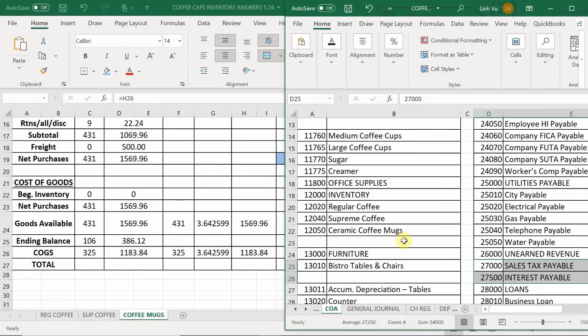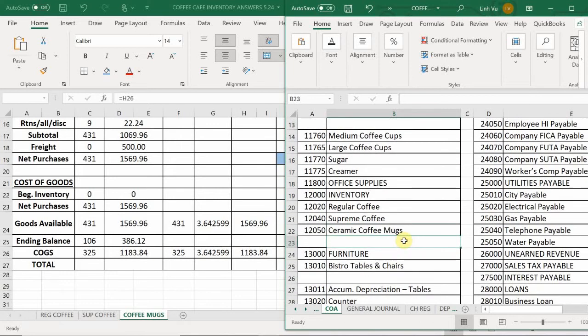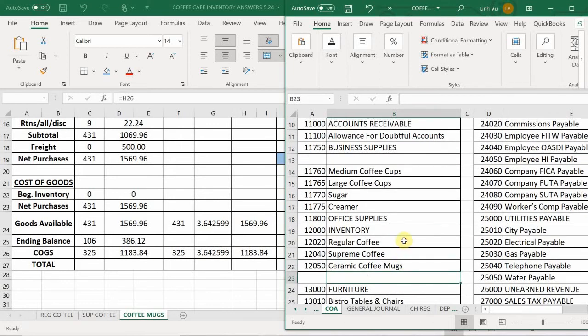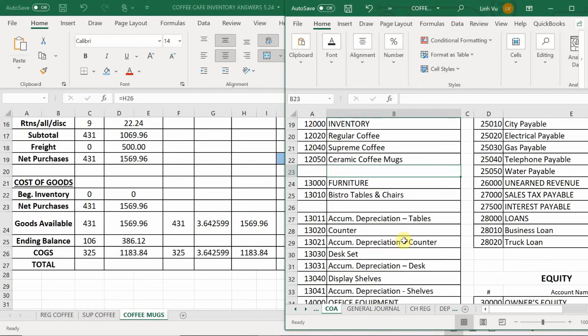For regular coffee. There you go. You got it. Okay? So what's the question again? Sorry, I got lost. When you're doing your conversion entry, what are we converting? You're converting your inventory. Right, which is what?